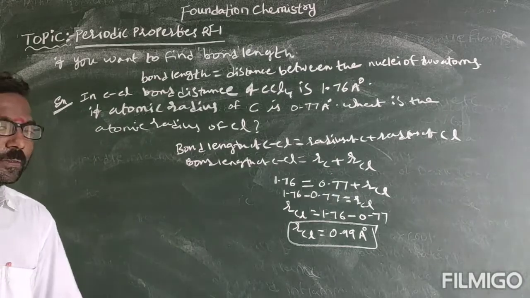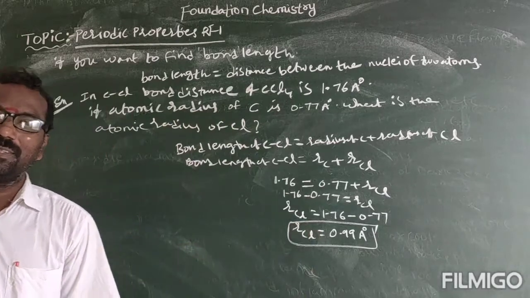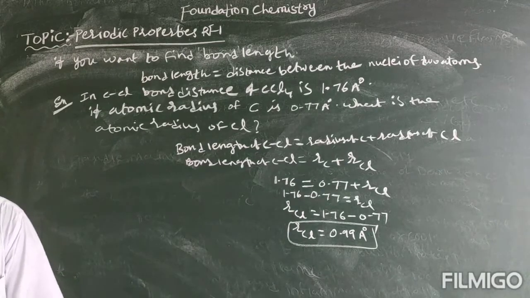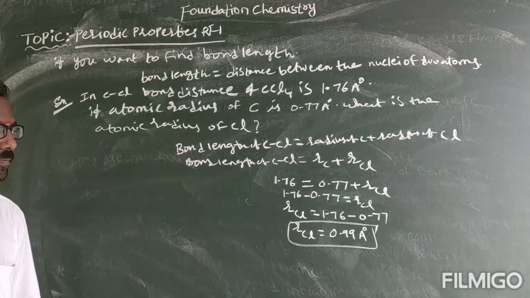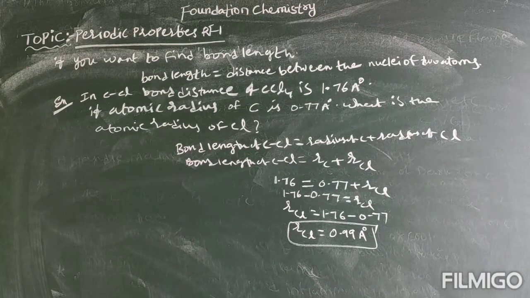If the bond length is given and you are asked to calculate the radius, you can do it like this. So the answer is: the atomic radius of chlorine is 0.99.